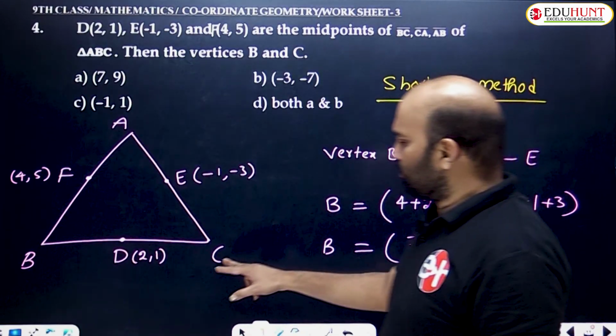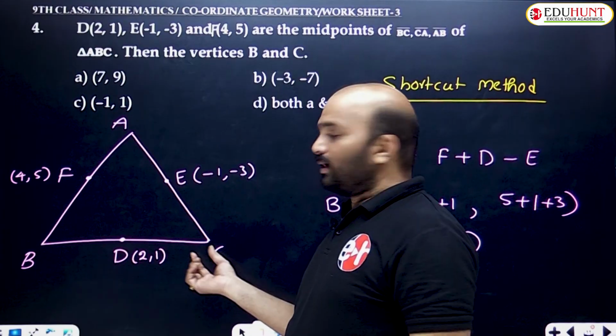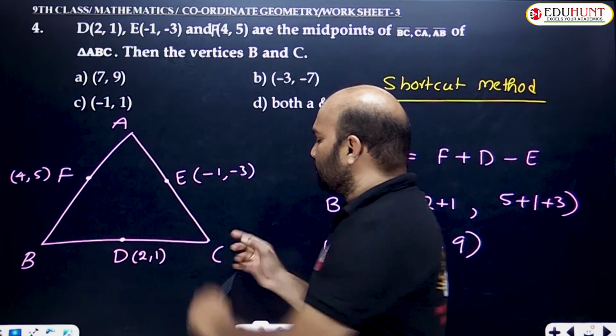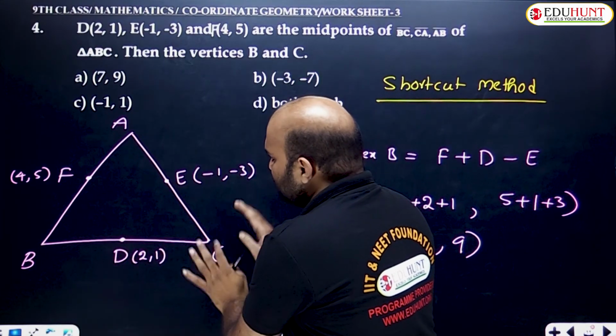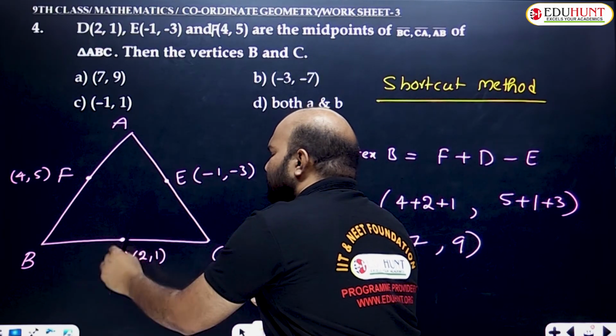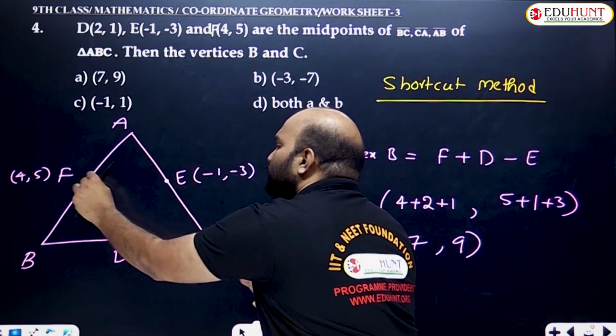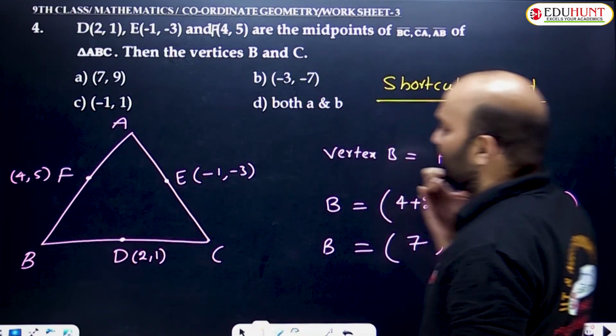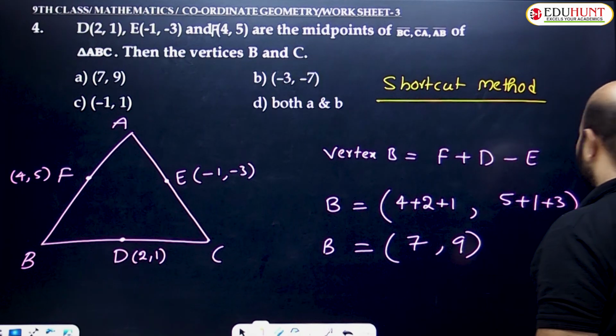Am I clear? These two are the adjacent medians of C and this is the opposite median of C. Adjacent medians are added, and the opposite median is subtracted from the remaining two. That is the formula.